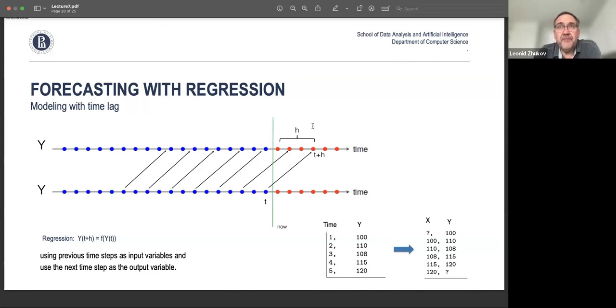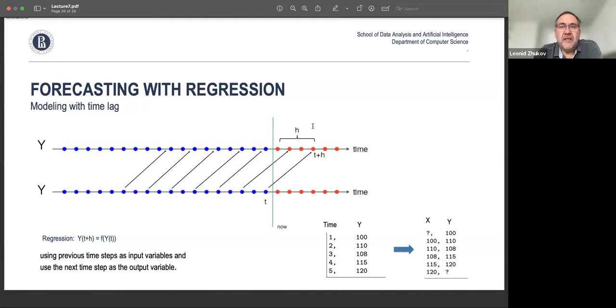Because remember, the time series is usually strongly autocorrelated. So what you do is you introduce the values of the target variable, the values of y itself, as a factor in our model.